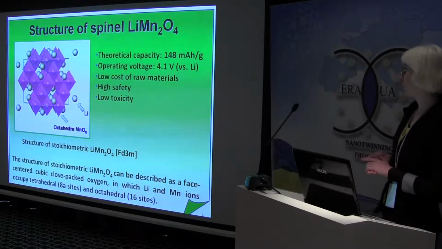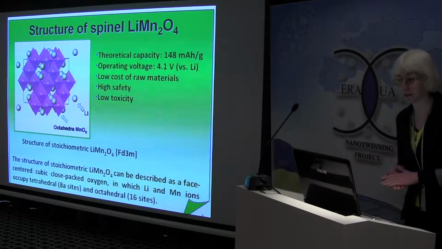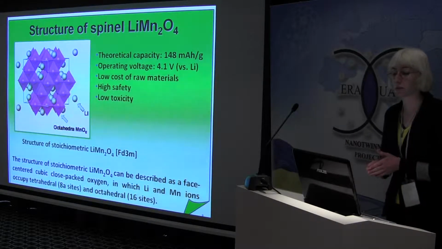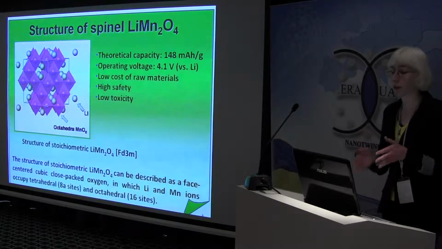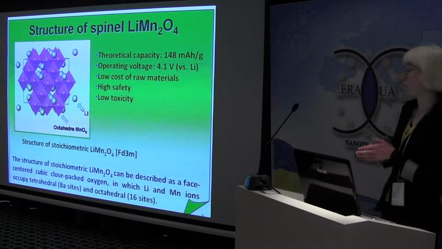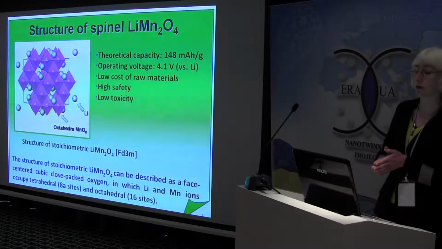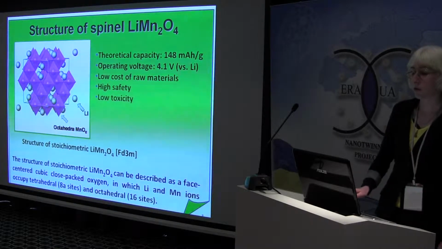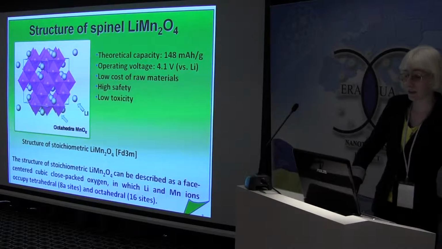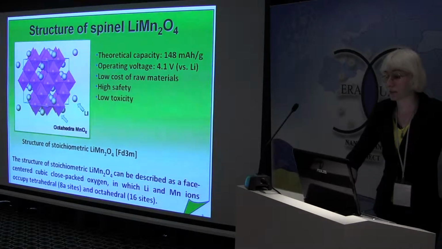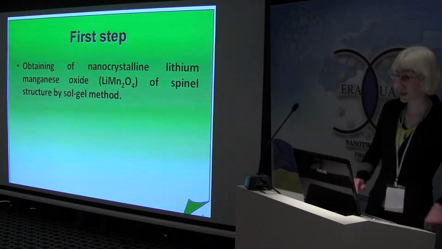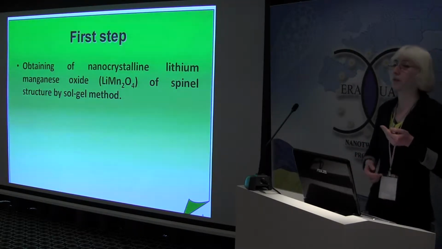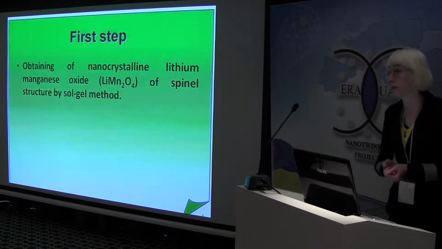On this picture you can see the structure of stoichiometric lithium manganese oxide spinel, which can be described as a face-centered cubic close-packed oxygen lattice, in which lithium and manganese ions occupy tetrahedral 8a sites and octahedral 16d sites. And there are many chemical synthesis methods for nanomaterials, as you know.